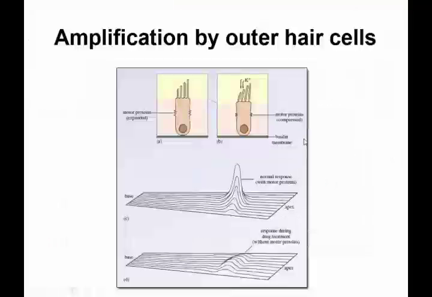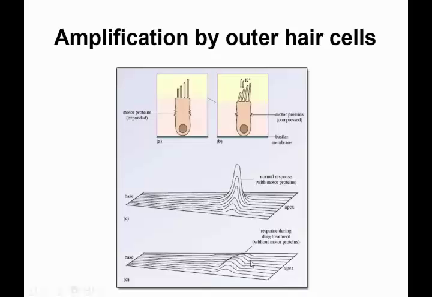Now what we established is the outer hair cells have a motor protein, and once the potassium flows in, they compress. This is the result. This is what Békésy measured. This is here called response during drug treatment without the motor proteins, but you can also say this is the dead cochlea. This is the linear, the passive cochlea.